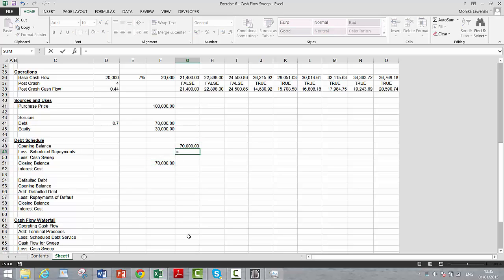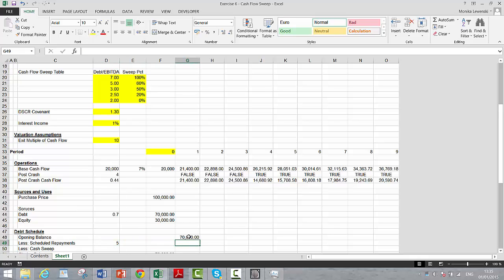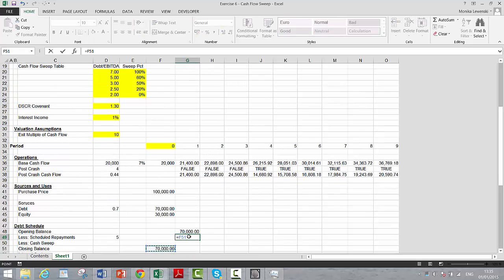The scheduled repayments, let's put in our assumption, which was the debt tenor of 5, so we take the bottom divided by the 5. I should have been much more explicit about this, but whenever you have a cash flow sweep, you might repay early.